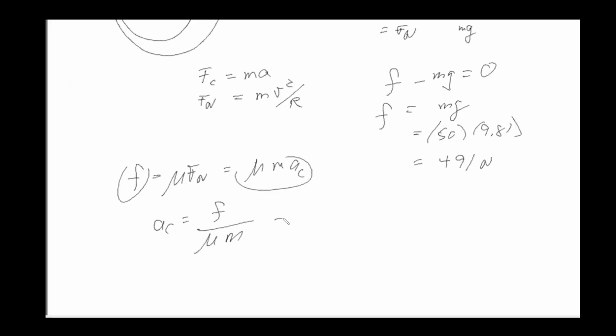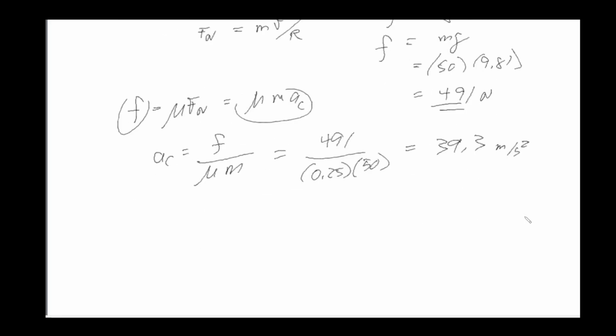We know those numbers: 491 from here, coefficient of friction is given as 0.25, and the mass again is 50 kilograms, so that's equal to 39.3 meters per second squared. So this is the minimum acceleration needed to keep from sliding down the wall.